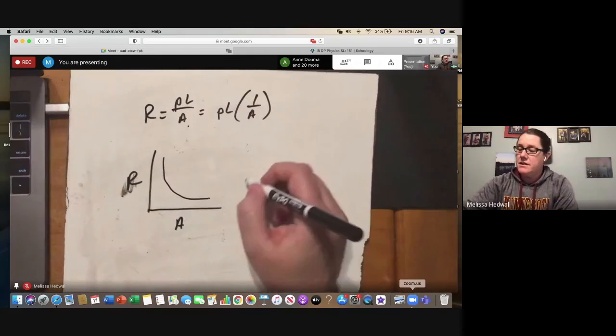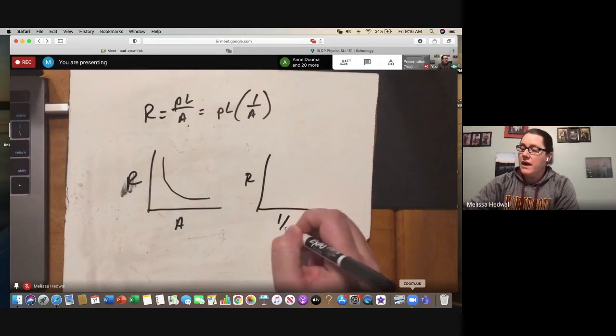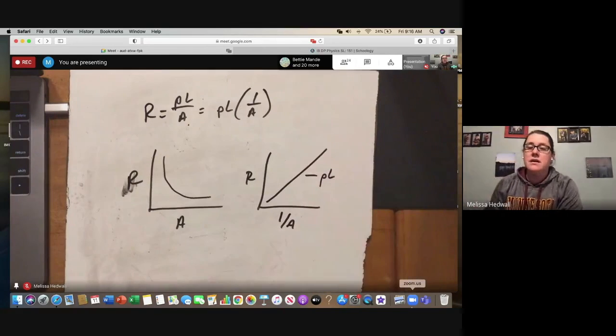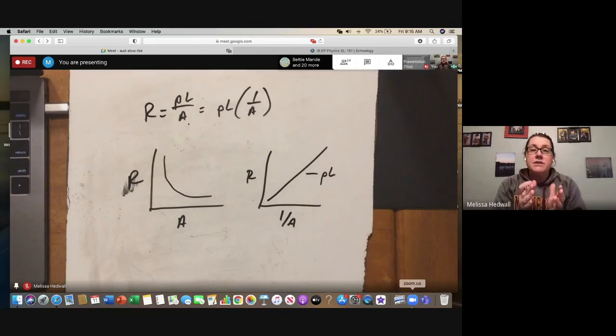And then if you graphed resistance against 1 over A, you would get your linear slope, and that slope would be rho times L. And so this equation works really nicely when we're dealing with it graphically, because we can tie back what we know and be able to figure out something here.